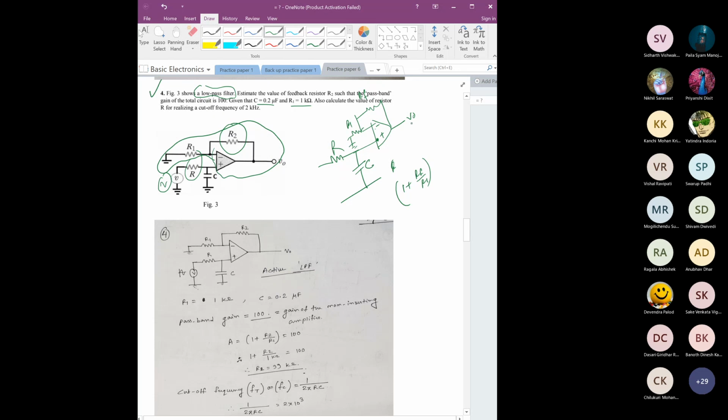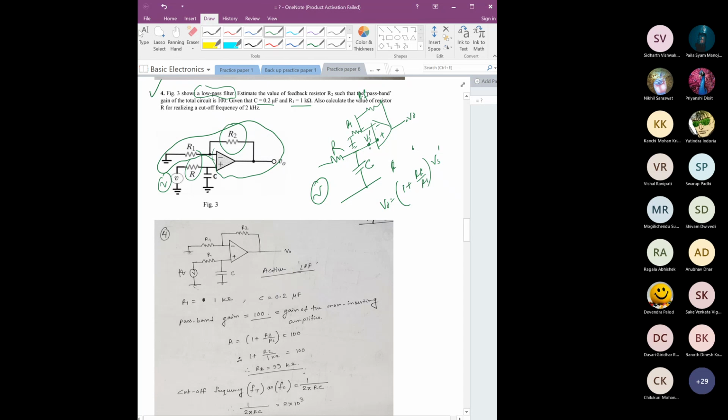So if we say this input is Vs dash, then the output will become Vs dash into 1 plus RF by R1. Suppose it is a sinusoidal signal or source; here we are expecting to get an output with a bit higher magnitude.